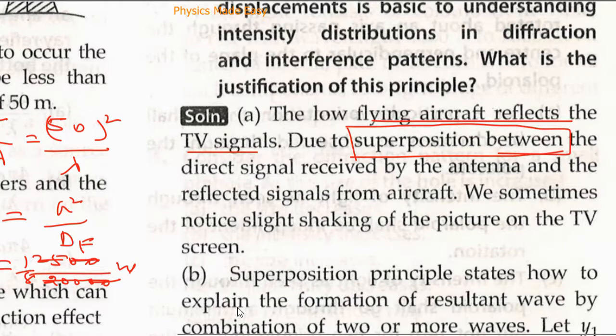For example, I will take this as the TV antenna, and here is the aircraft. This is the signal received directly, the direct signal.